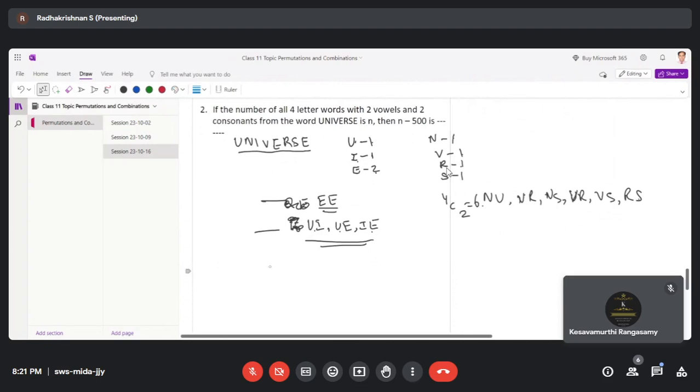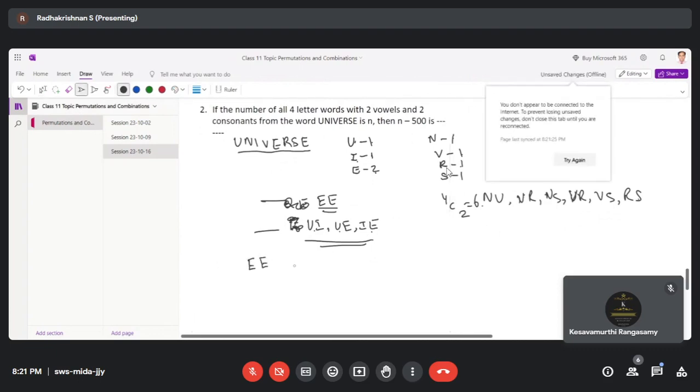Suppose in this combination EE and the 6 combinations of this, okay, there are only 1 into 6.